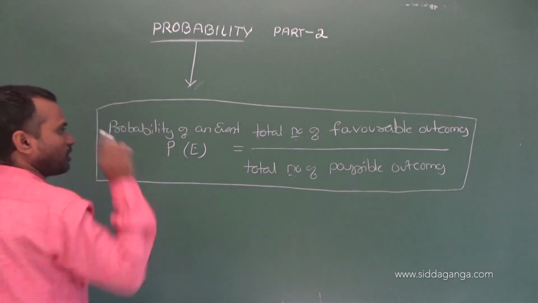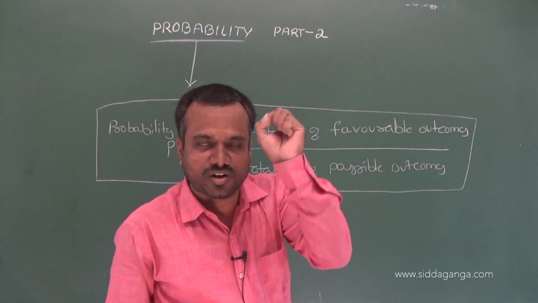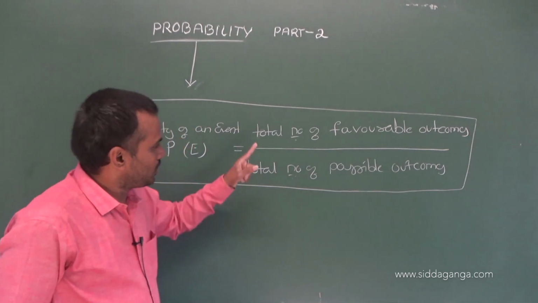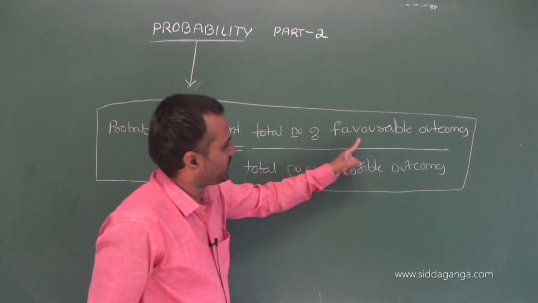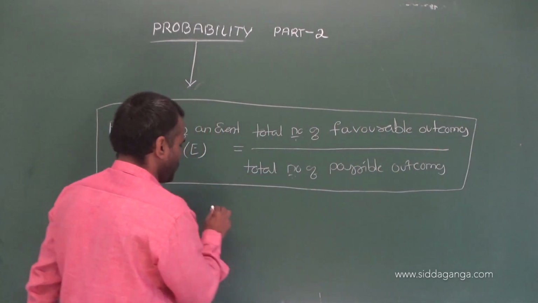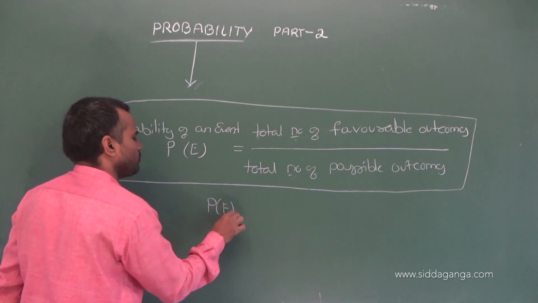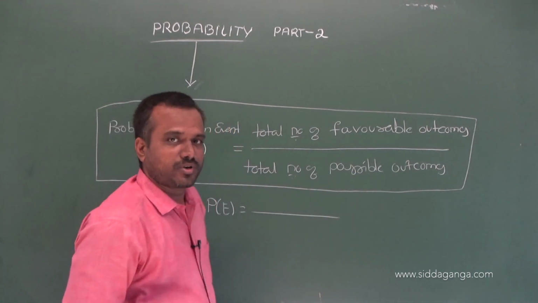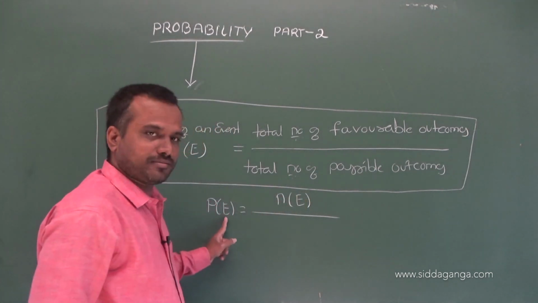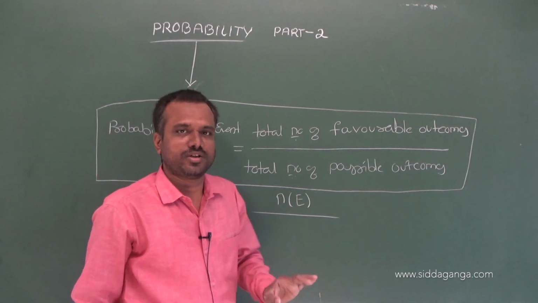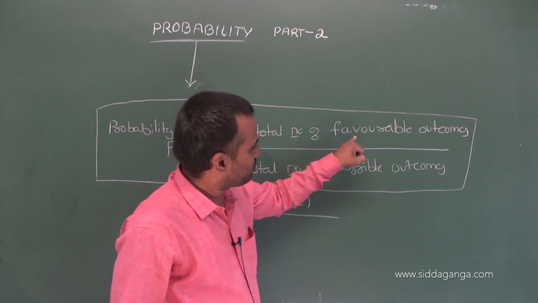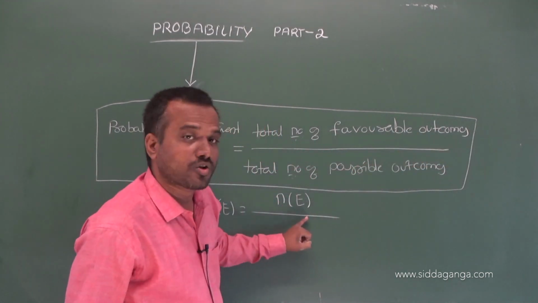Now I define the probability of an event, any event, which will be represented as P of E. Total number of favorable outcomes is nothing but the event, N of E. E represents the event.